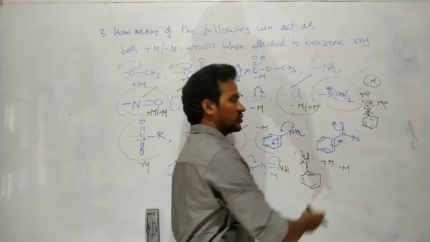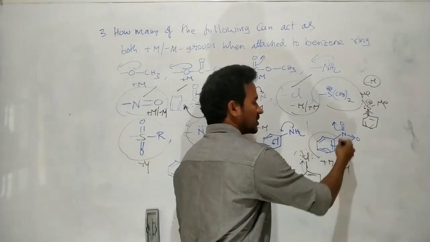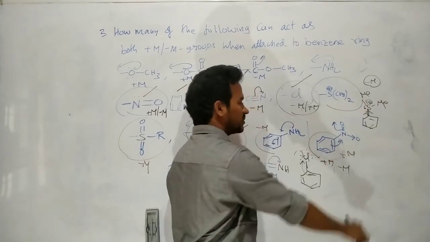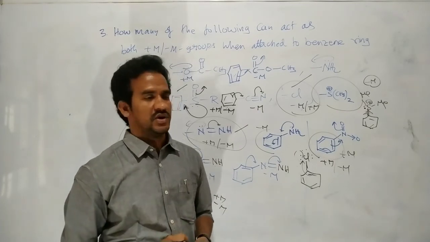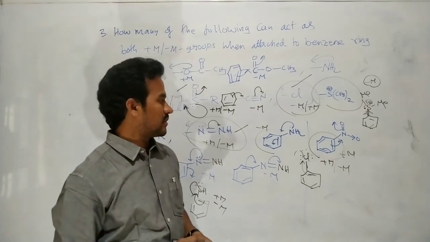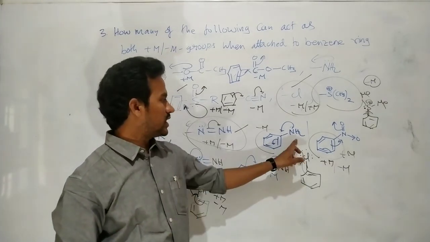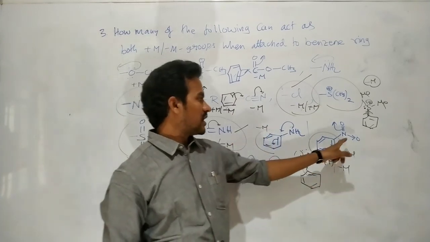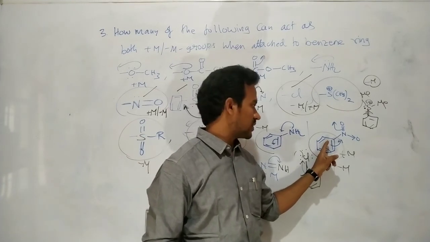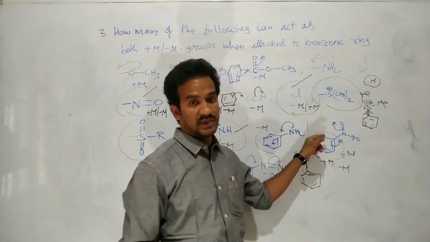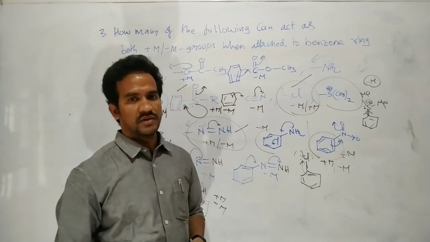When benzene is attached to NO2, or whatever electron withdrawing group, the benzene donates electrons to the NO2, so it acts as a plus M. So the phenyl group also acts as plus M as well as minus M, based on the nature of the bonded group. NH2 donates, so the phenyl accepts the electrons: minus M. NO2 withdraws electrons from the benzene, so it loses electrons: plus M. Here the phenyl group acts as plus M, and here the phenyl group acts as minus M. Okay, so that's it.